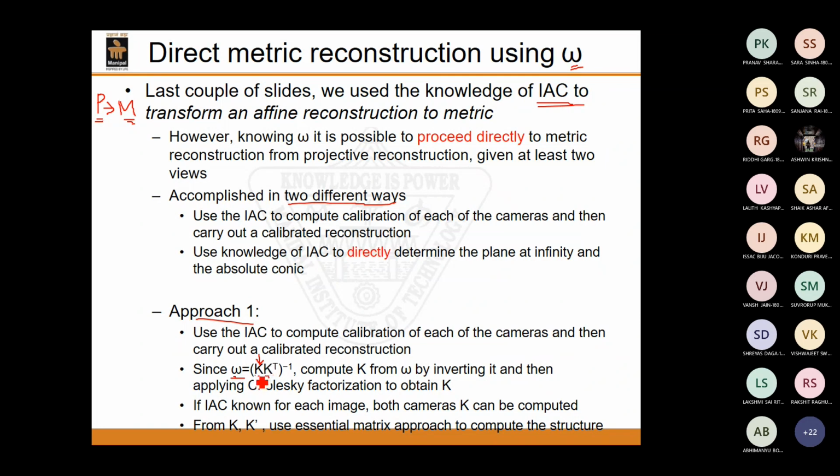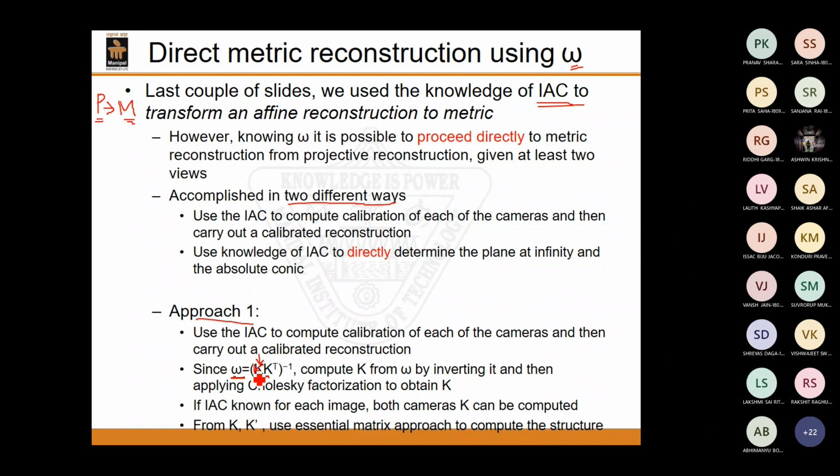So if this internal parameter can be obtained from the image of the absolute conic, then you can say that you're no longer in the projective space, but you are in the metric space. And you say you're in the metric space because you can make use of the information of the lengths and the angles which are present in the internal camera parameters, or the intrinsic parameters of the camera.